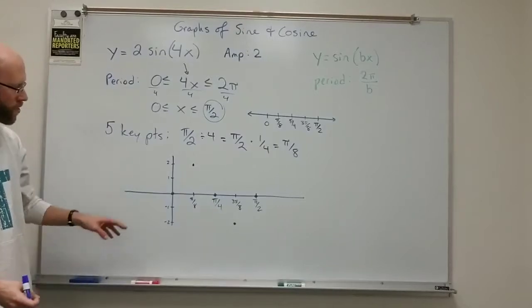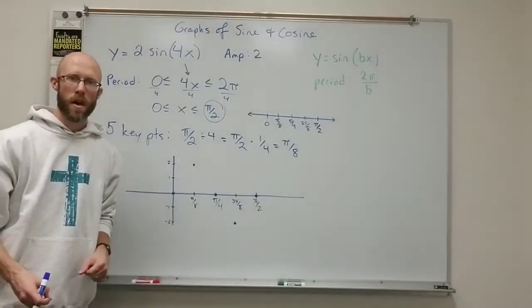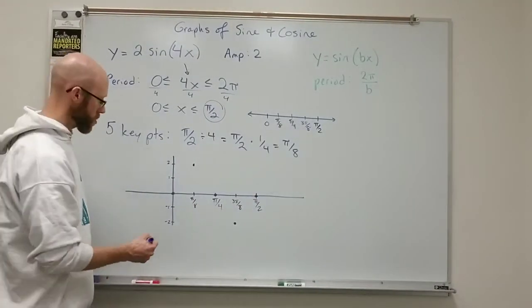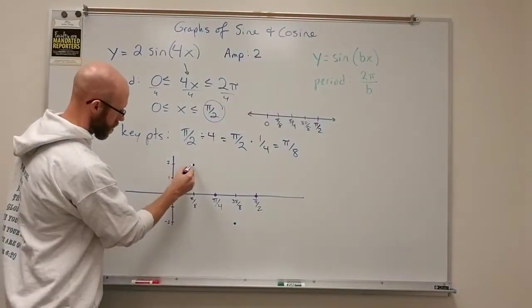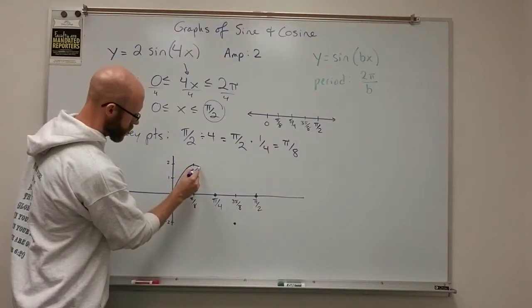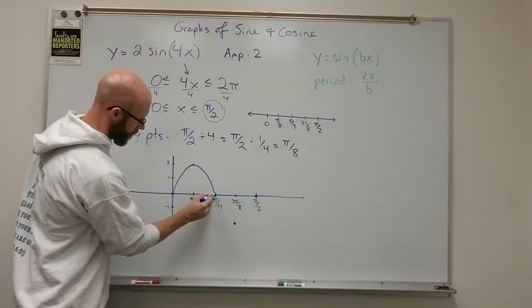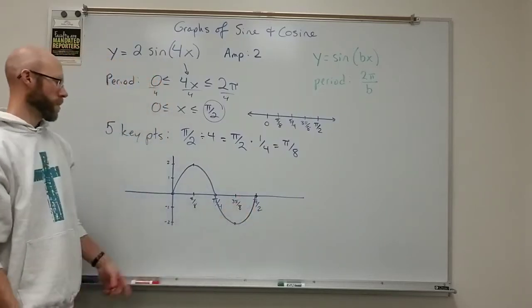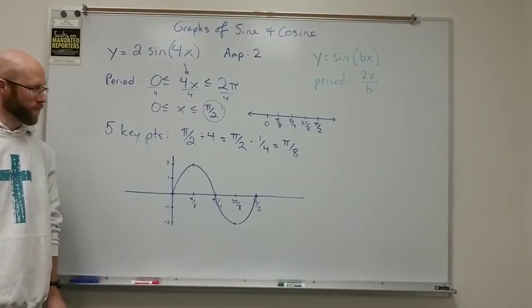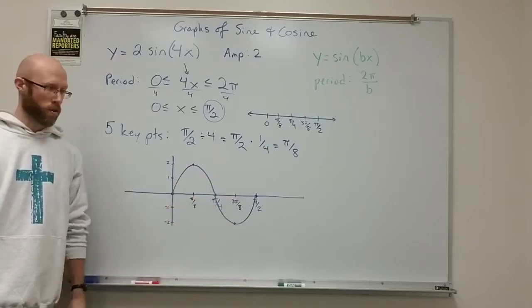All right, and so now I have my 5 key points, and now I just connect them with a nice smooth curve. Kind of an upside down U shape here, and then a right side up U shape. And that gets our graph pretty nicely. So that's one period of the graph.